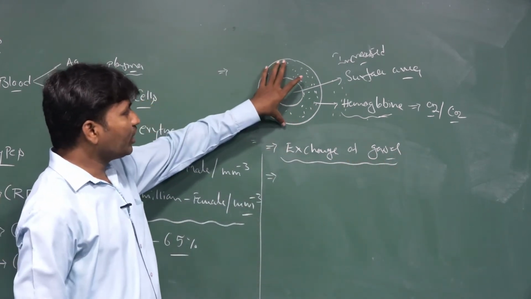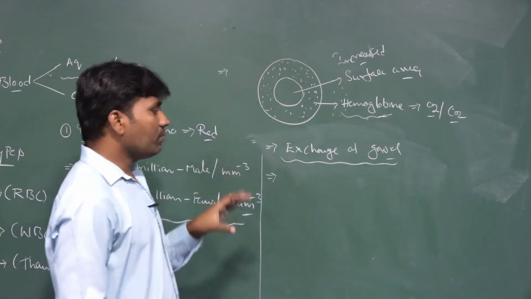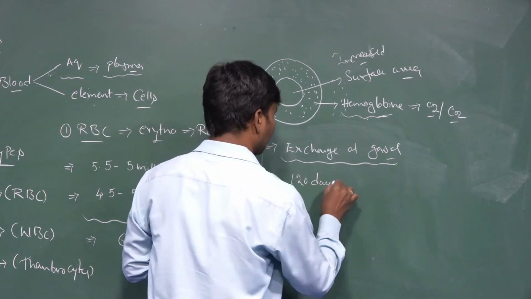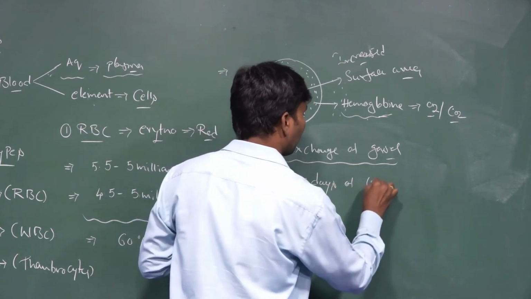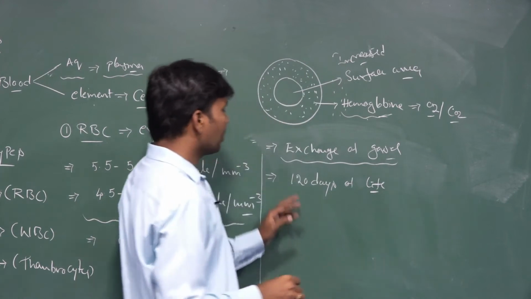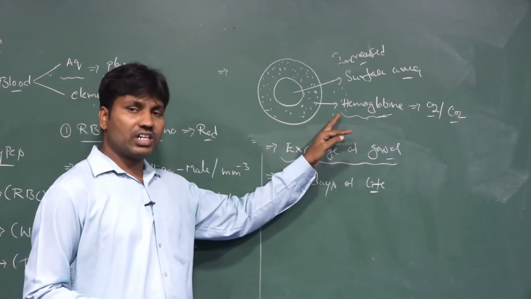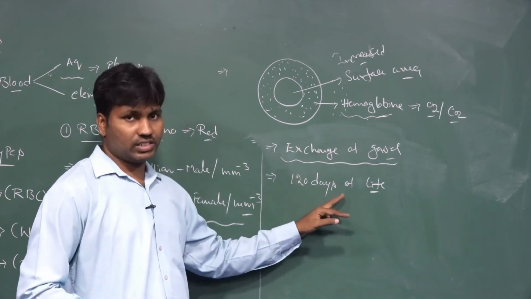The RBC has a lifespan of 120 days. That means they conduct this transportation and exchange of the gases for 120 days.